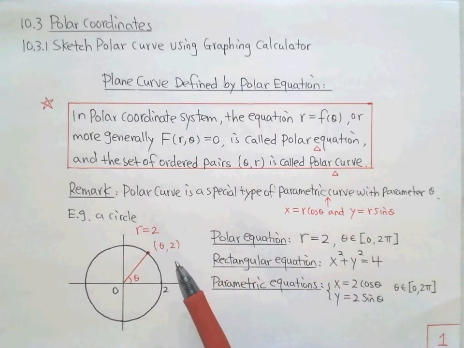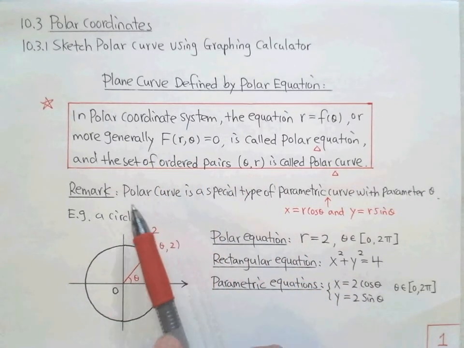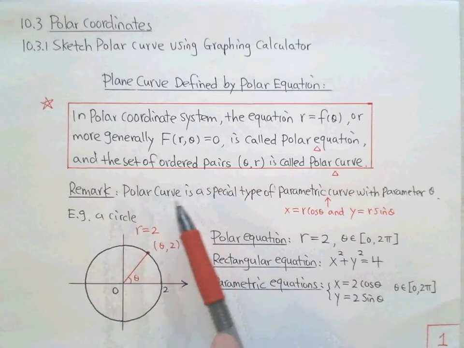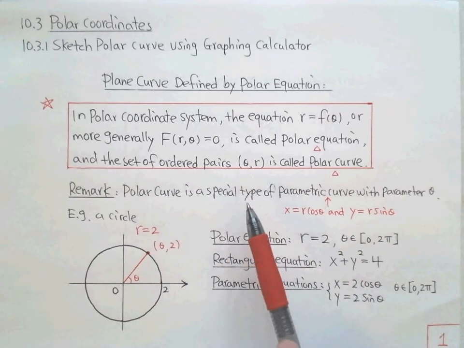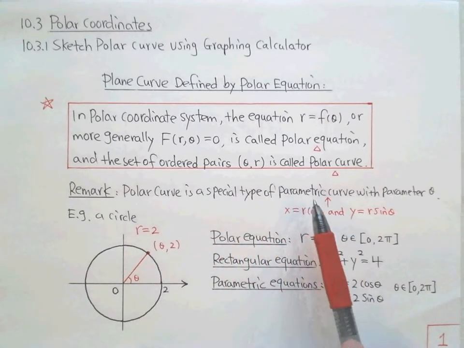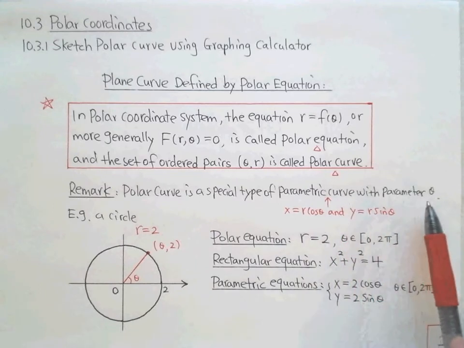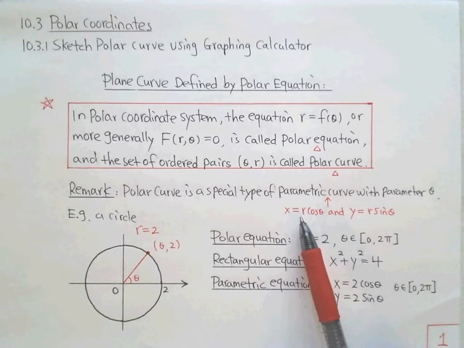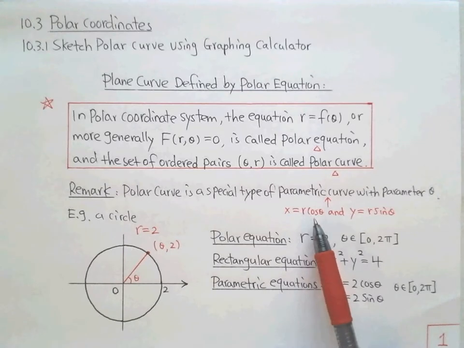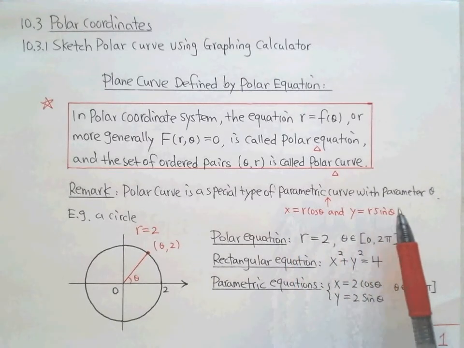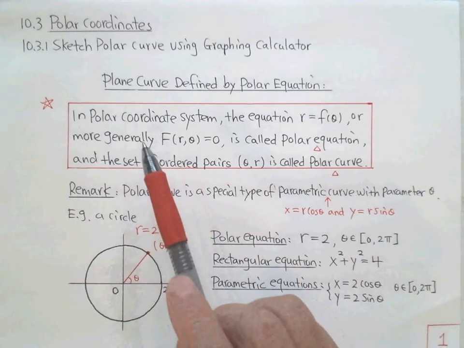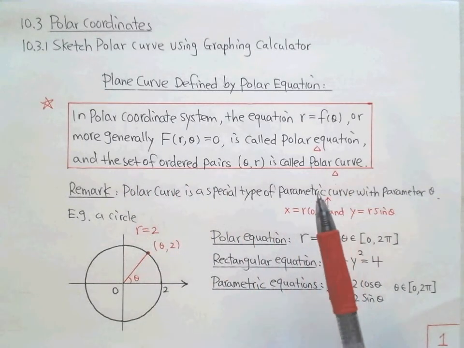First, let me make a remark. The last topic we learned was the parametric curve, and the polar curve is a special type of parametric curve. The parameter is theta. Why do we say this? Because we learned from trigonometry that we can link the polar coordinate system to the rectangular, Cartesian system.